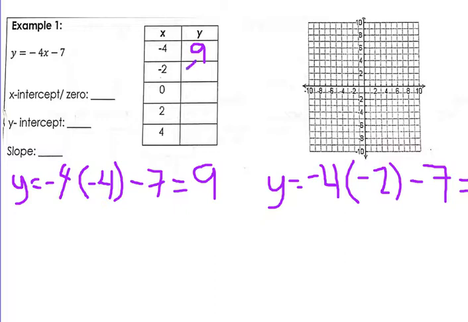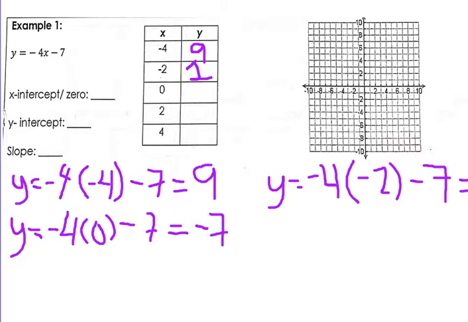So when x is negative 2, y is 1. Now my next point is x is 0, so I have negative 4 times 0 minus 7, which is negative 4 times 0, 0, minus 7, negative 7. So when x is 0, y is negative 7.